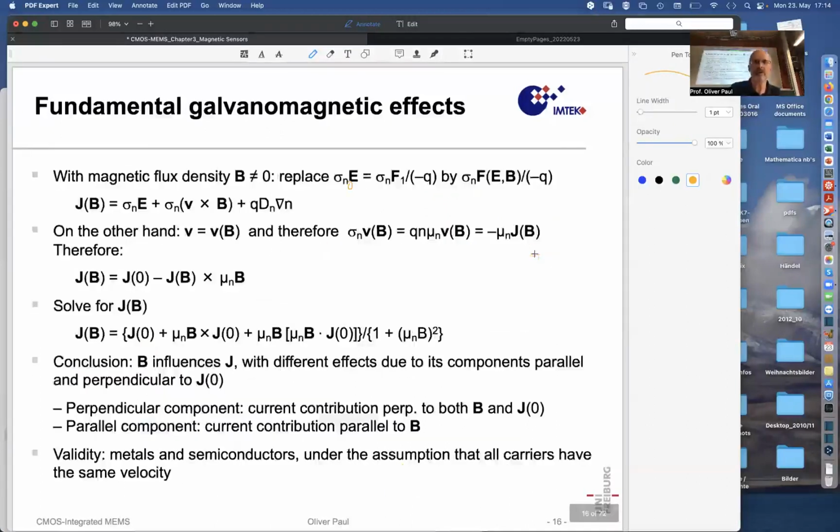So this is what is meant by this replacement. Wherever we have E, formerly due to F1 over minus Q, we write now F of E and B over minus Q, and then it has the sigma n0 in front everywhere, and I add the 0 everywhere.